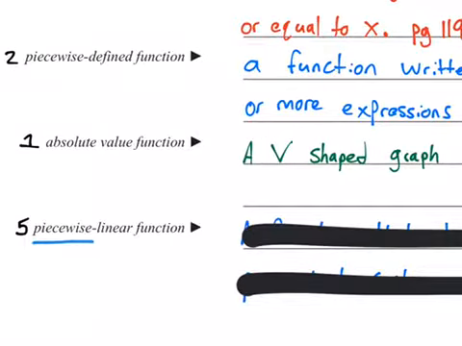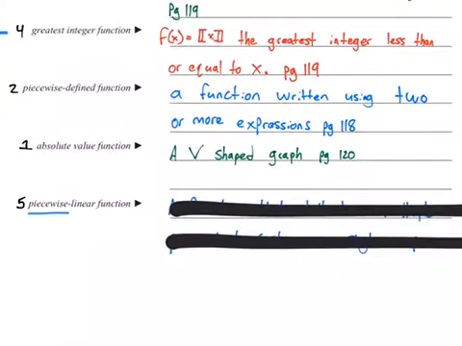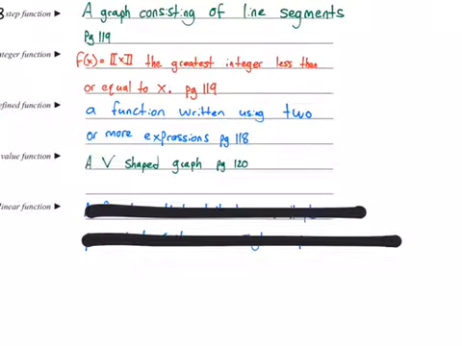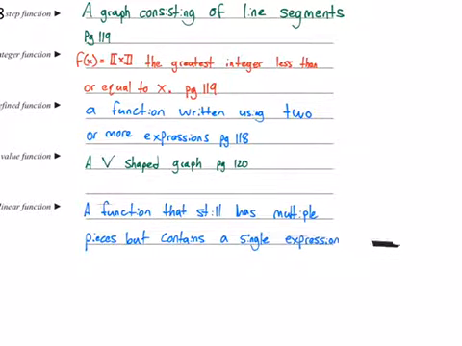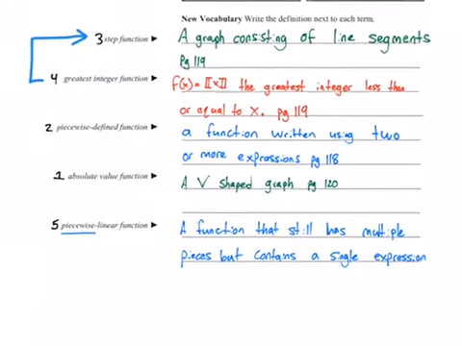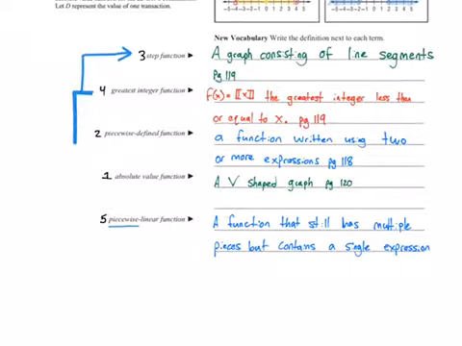So a piecewise linear function is saying that, hey, it's a function that still has multiple pieces, but it only contains a single expression. And that's because, when we just graphed this greatest integer function, there was only one function we were graphing, but the graph still had multiple pieces.